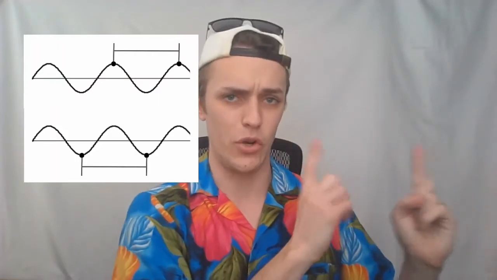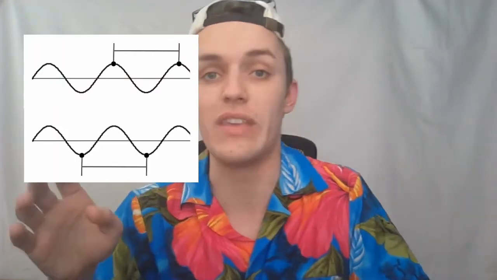You can either measure from crest to crest or trough to trough. Those are the easiest ones to do. You can measure from 2 spots on the rest position, but you need to make sure you skip one, because if you don't skip one, you're only getting half of a wavelength as opposed to the full up and down.